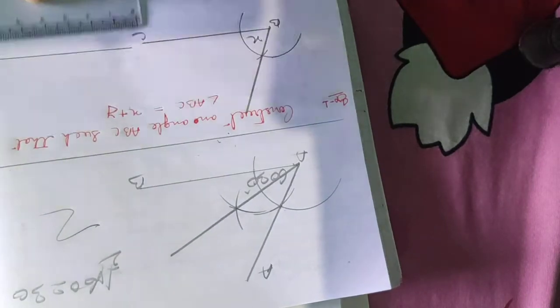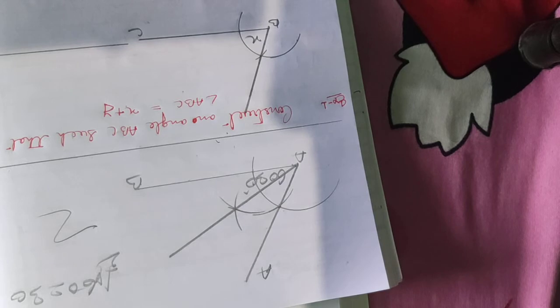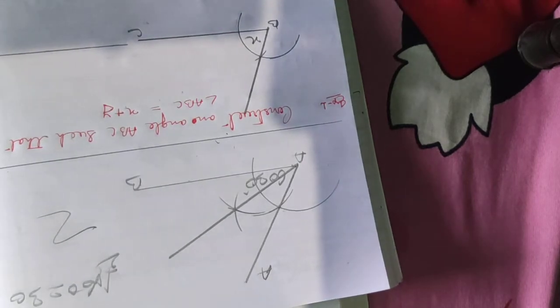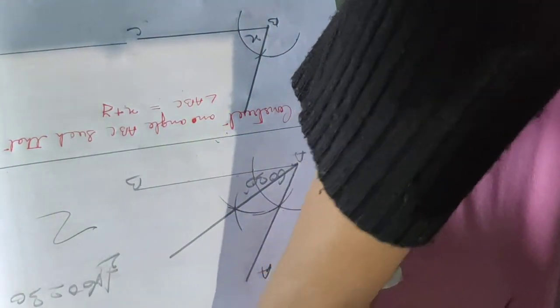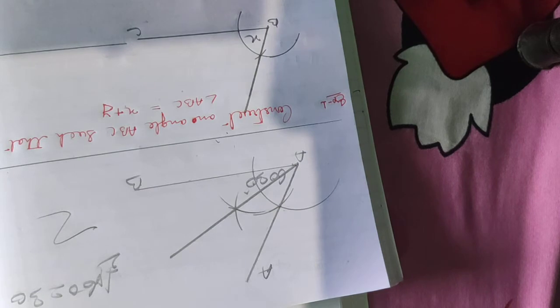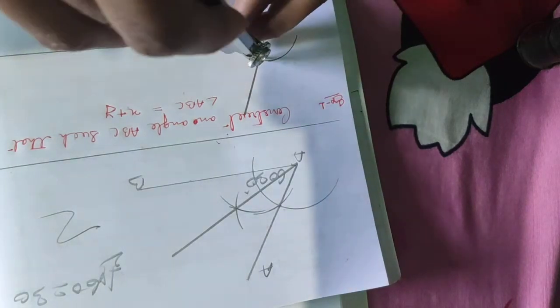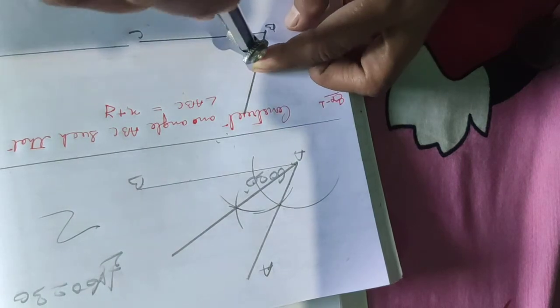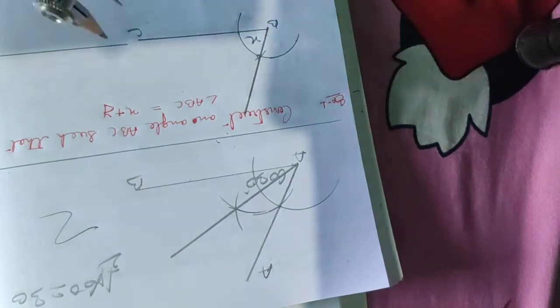Now draw another arc here, 6 centimeter, okay, with the same radius measure here, okay.